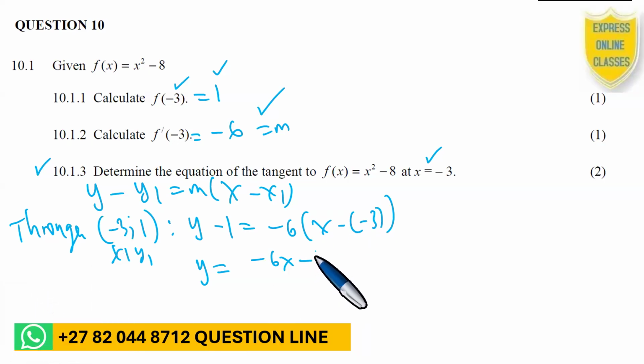So plus 3, which is minus 18, plus 1, which is minus 17. Y equals minus 6x minus 17.